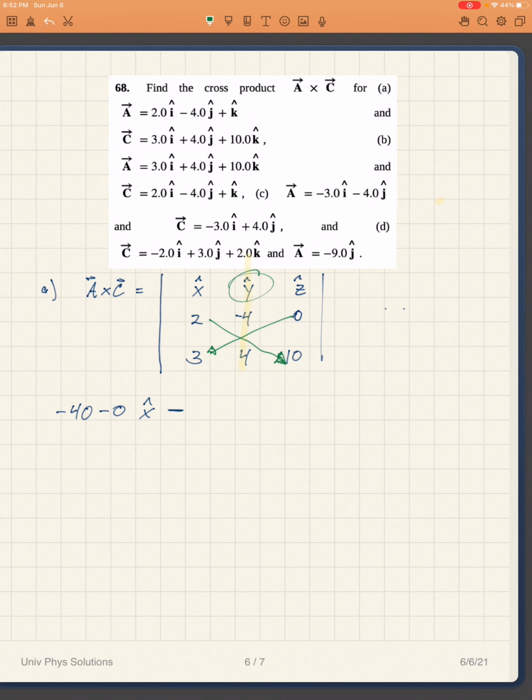And that is going to be my y component. Two times 10 is 20. 0 times 3 is 0.